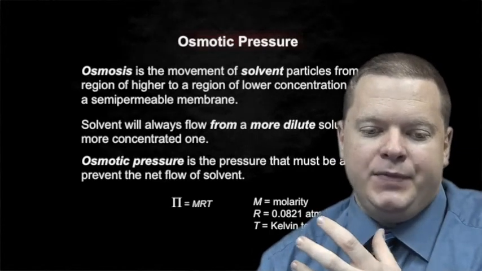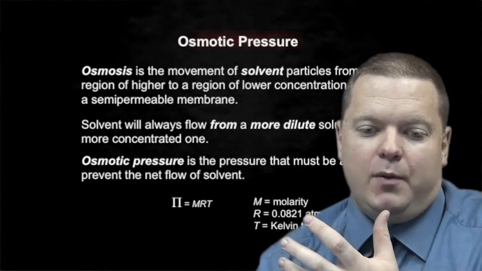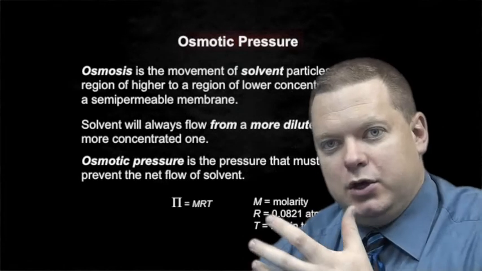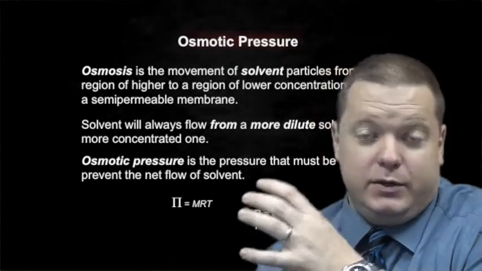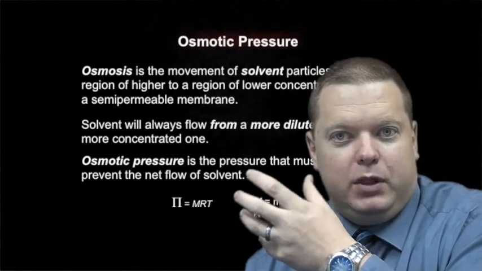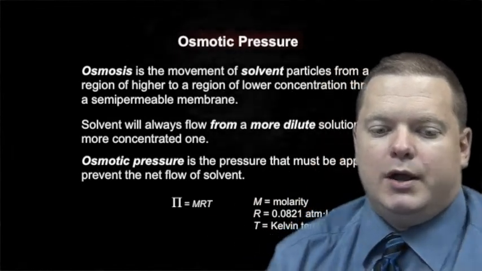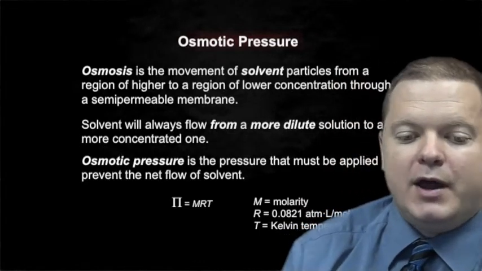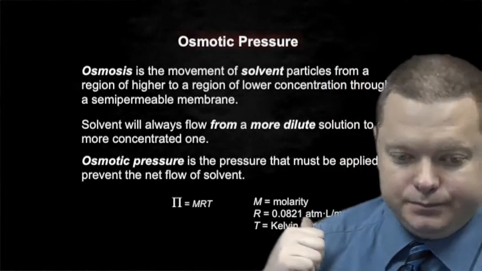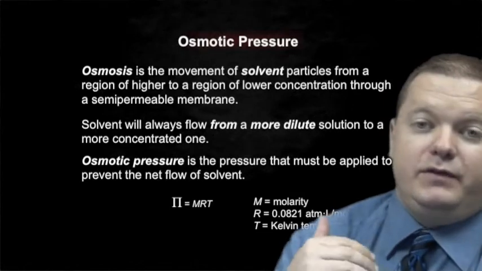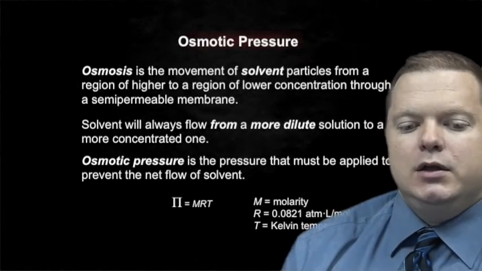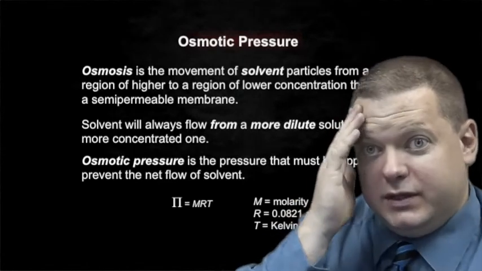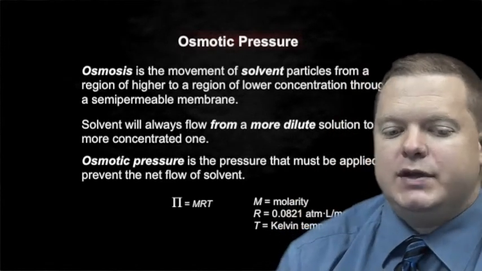So this solvent is moving from a more dilute solution to a more concentrated one, to lower that concentration. The osmotic pressure can be applied to prevent the flow of solvent. So that's how we measure it. It's the pressure we need to add to prevent this flow of solvent from happening.